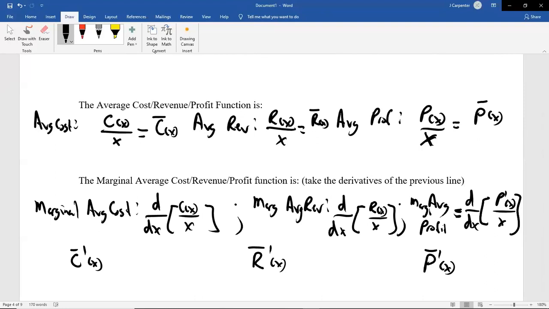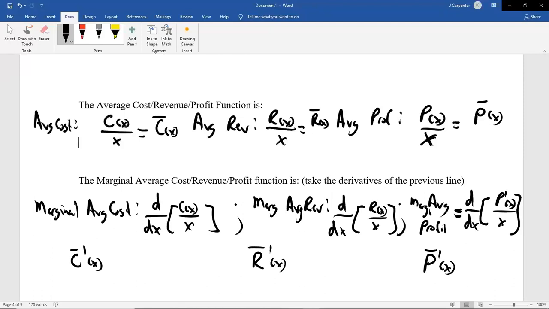A little bar over the letter means it's an average. A little 1 next to the letter means it's a marginal, it's a derivative. So average is a bar. A little 1 that looks like an exponent or a single quote tells us marginal, tells us derivative.